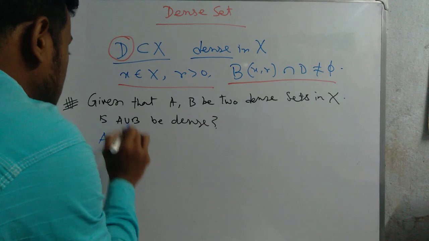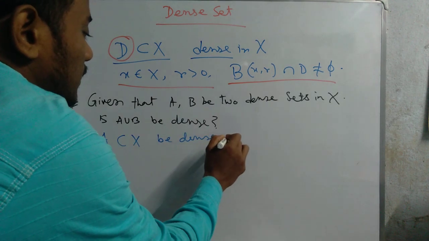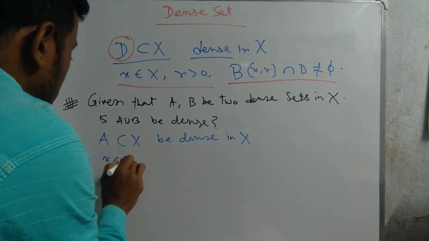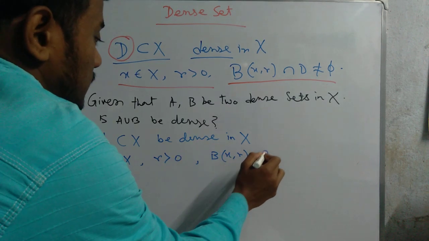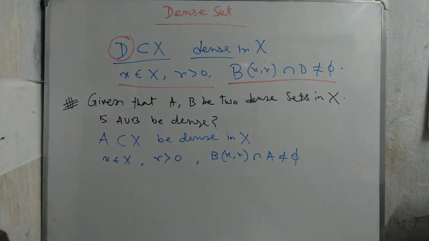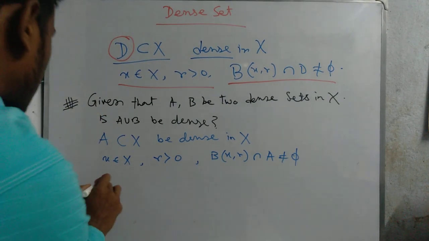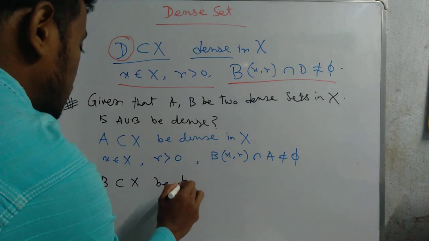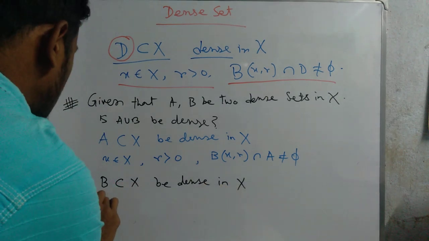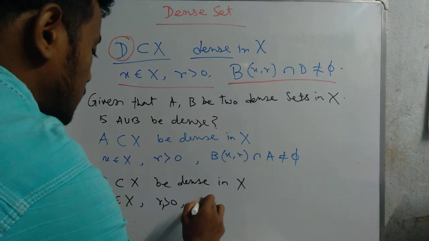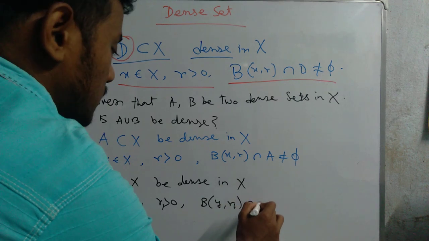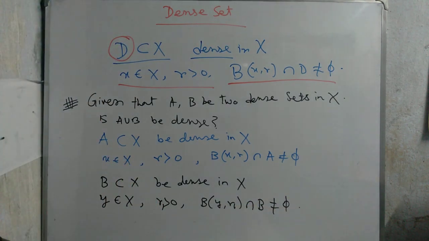A subset of X being dense in X implies that for every x belonging to X and r greater than 0, the ball B(x, r) intersection A is not equal to empty set. Similarly, B subset of X being dense in X implies that for every y belonging to X and r1 greater than 0, B(y, r1) intersection B is not equal to empty set.